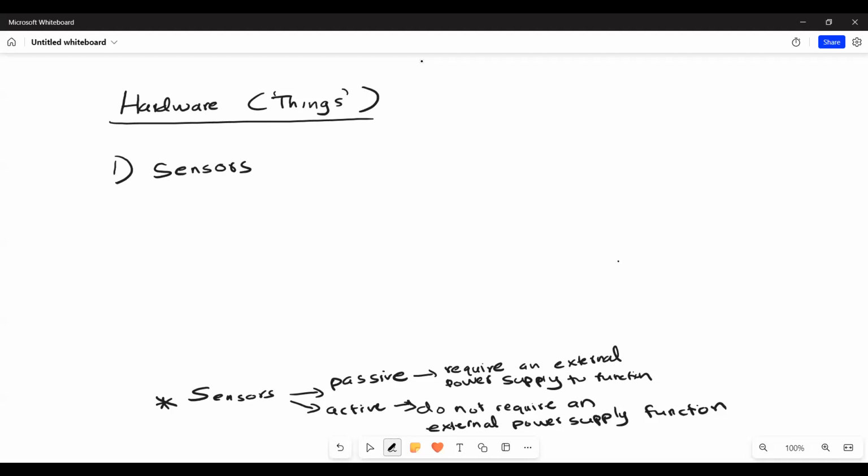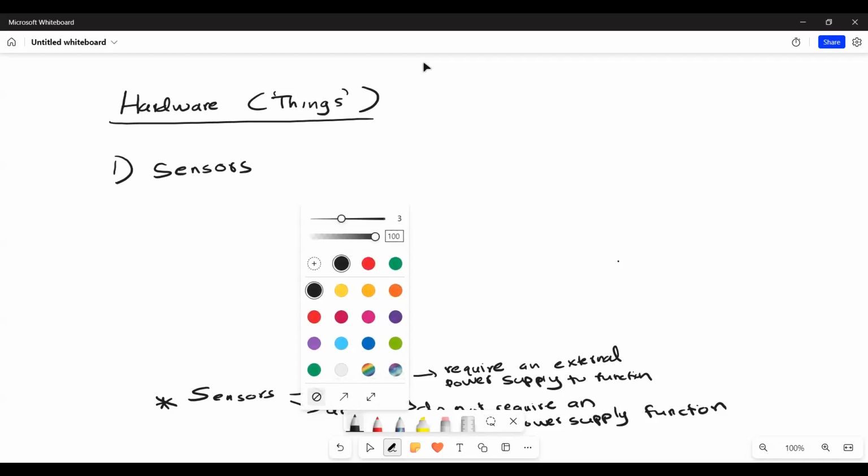Before that, I would like to also mention that sensors are able to measure parameters related to temperature, the flow of liquid, the speed of an object rotating or moving, and the position of an object and so on.